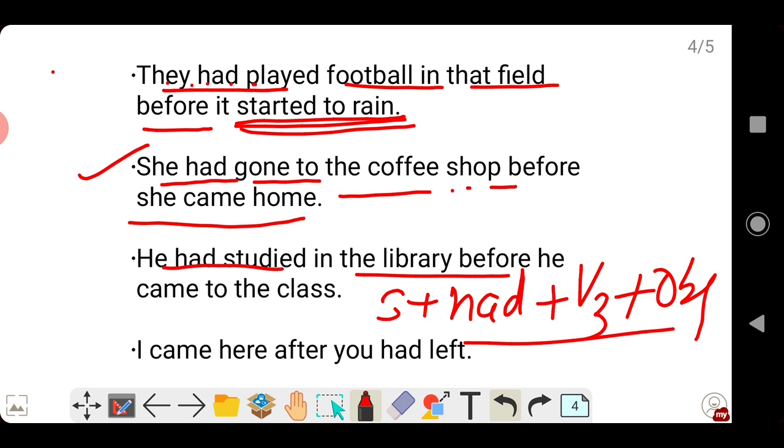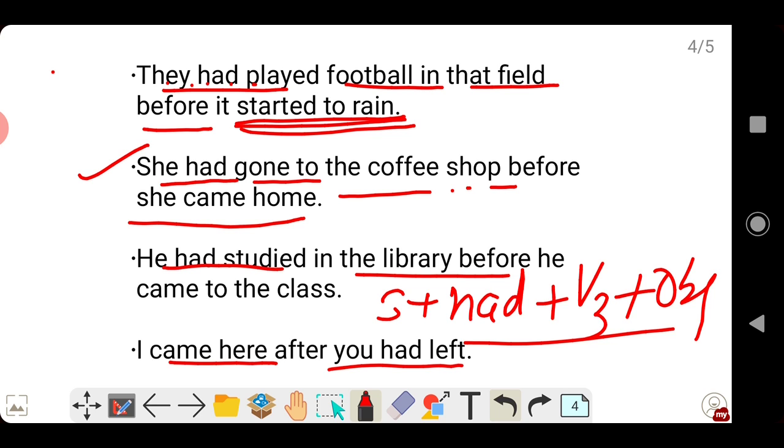I came here after you had left. You can use it in this way also, where the second part becomes the first part.